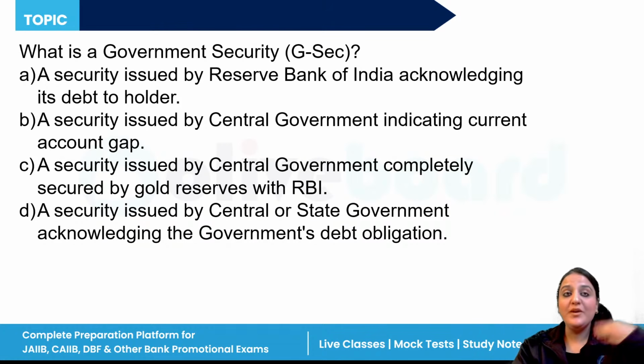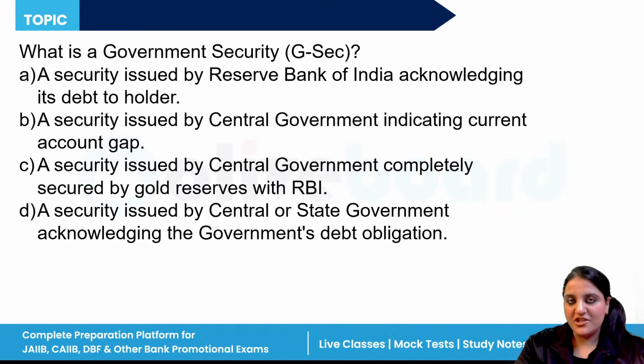So whenever you invest in GSEC, the government acknowledges its debt and promises to pay back the principal with interest on a specified date. These are considered risk-free instruments in terms of default risk, since they are backed by government. So it is not necessarily backed by gold or silver or any current account gap. It is simply a borrowing tool.